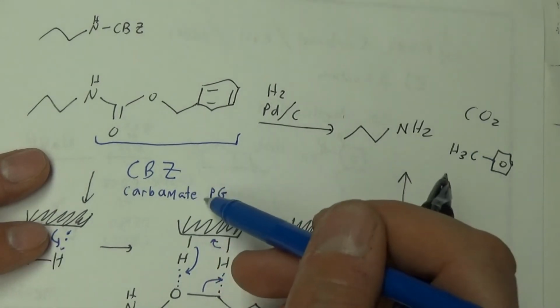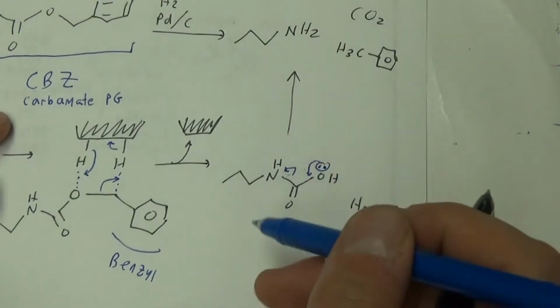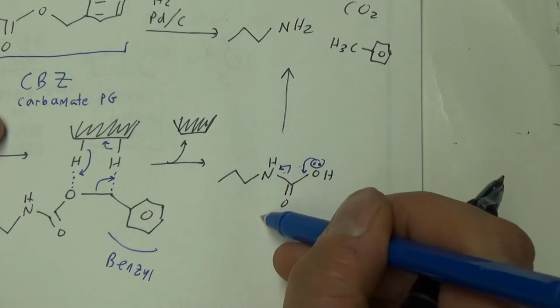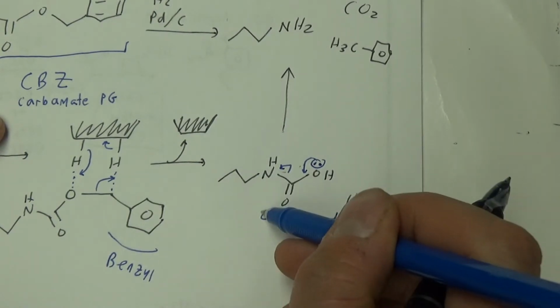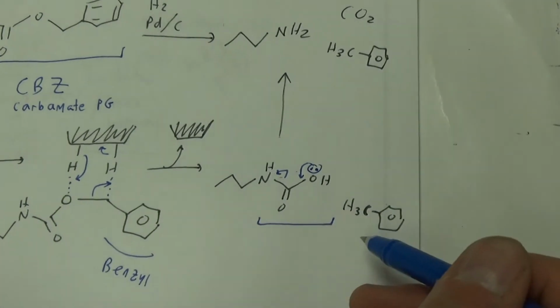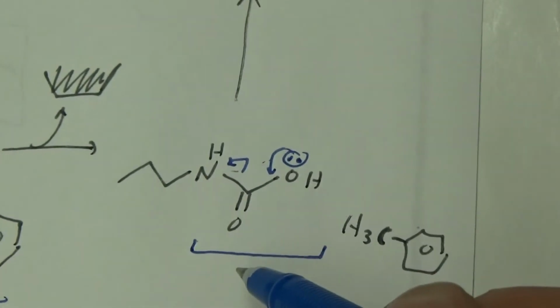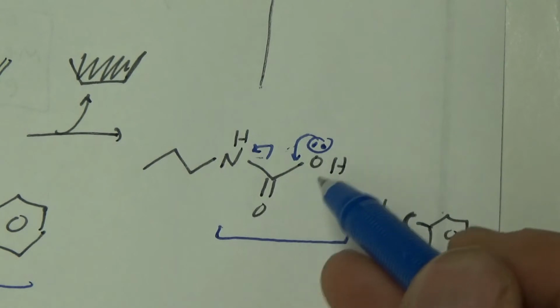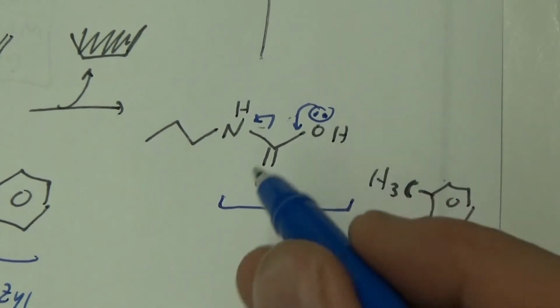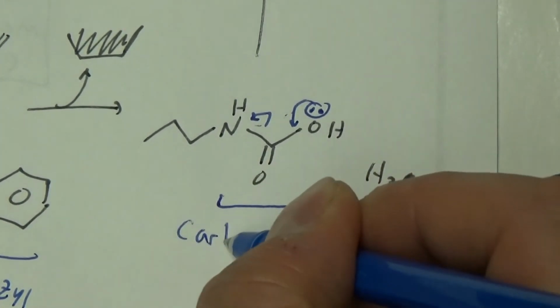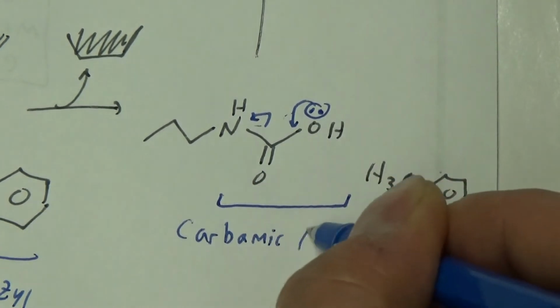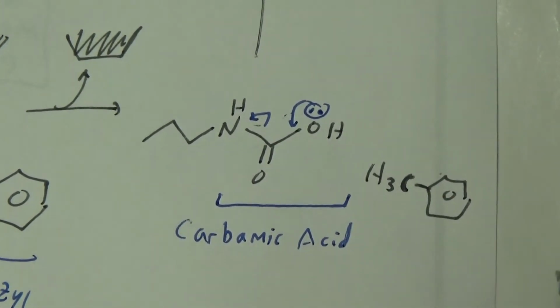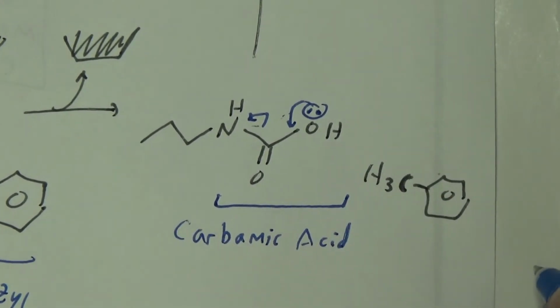Okay, that's carbamate. You may know what this is called from my Organic 2 class somewhere. But that's not a carbamate anymore. It looks almost like a carbamate with the acid on it, right? So it's called a carbamic acid. Okay, cool. So that was all in the context of the ampicillin synthesis, alright? Cool.